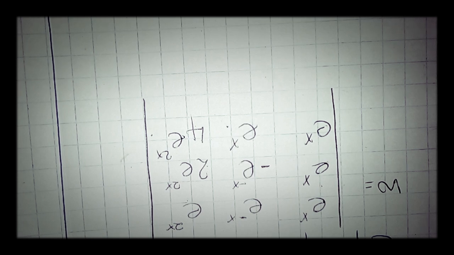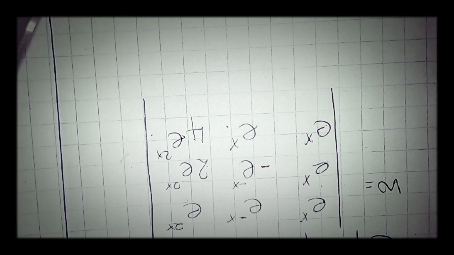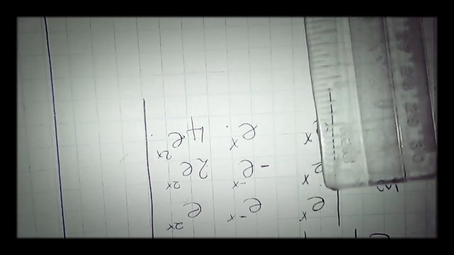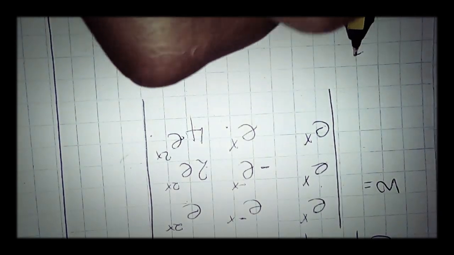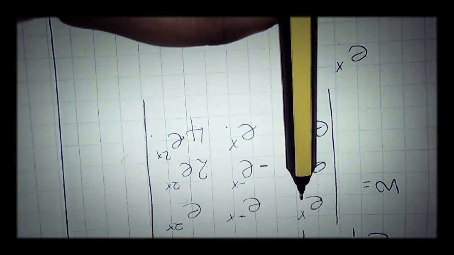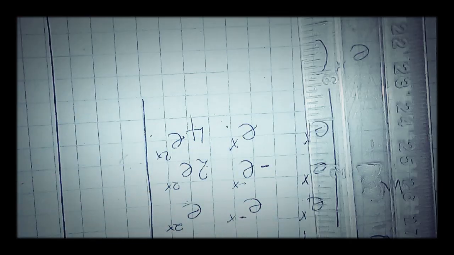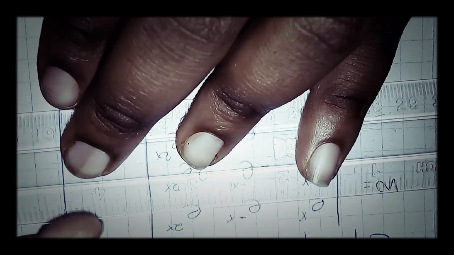For the first one, let me use a different pen so that we can understand. For this one, we start by writing this e to the power x, then you multiply it by, you cross this first line and this first line.